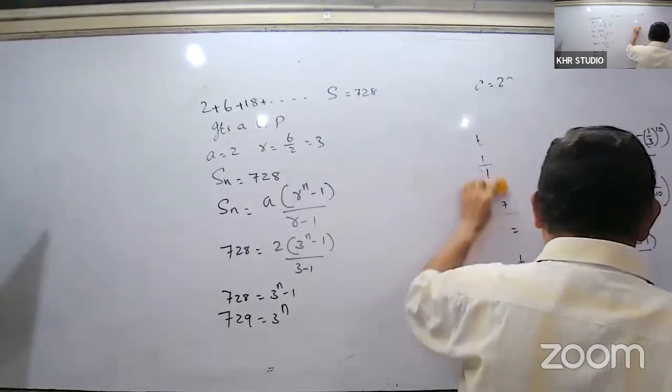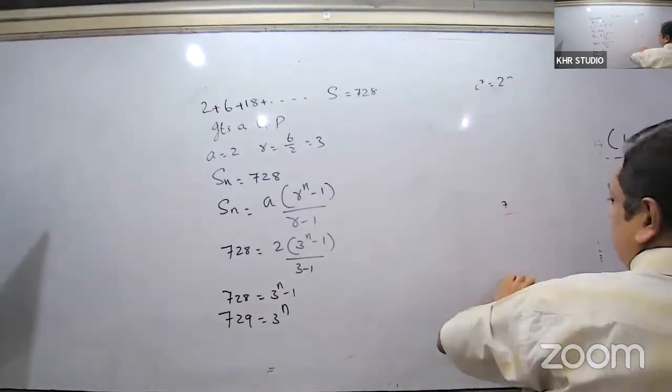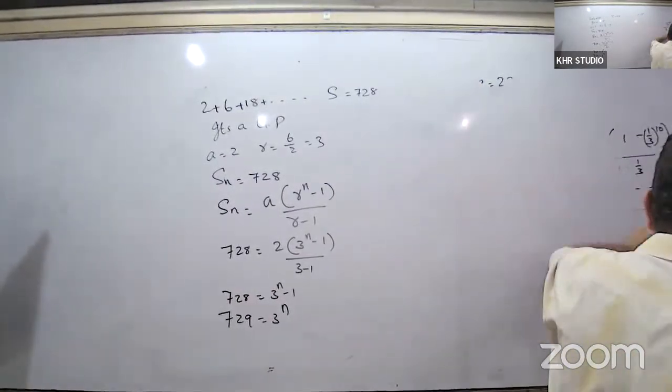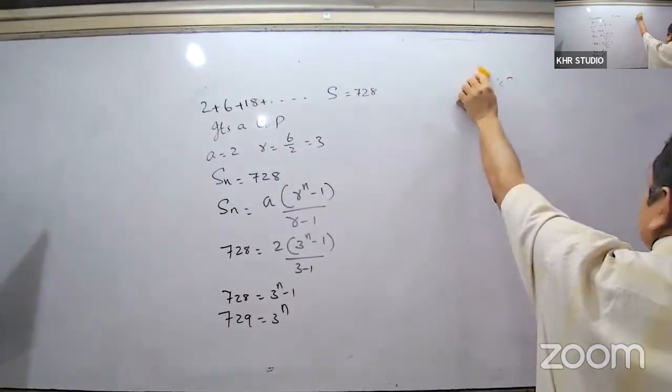So 729 is 3 raised to 6. Therefore, n is equal to 6.